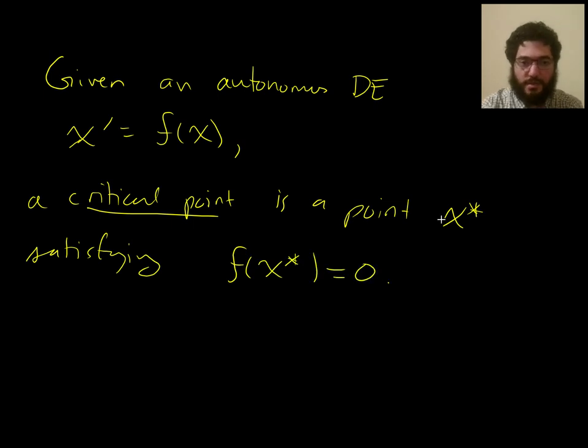So the critical points of an autonomous differential equation are just the zeros of the right-hand side function. So they're just the zeros of f. They're where f equals 0.